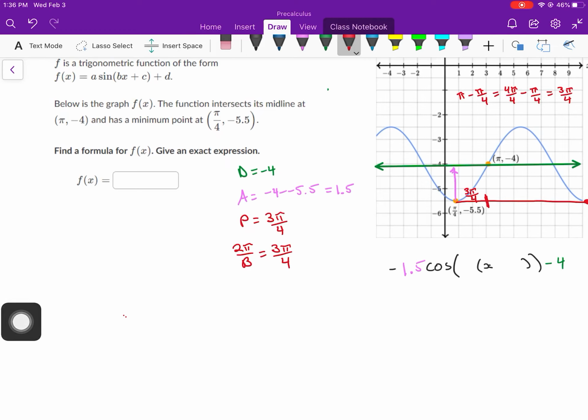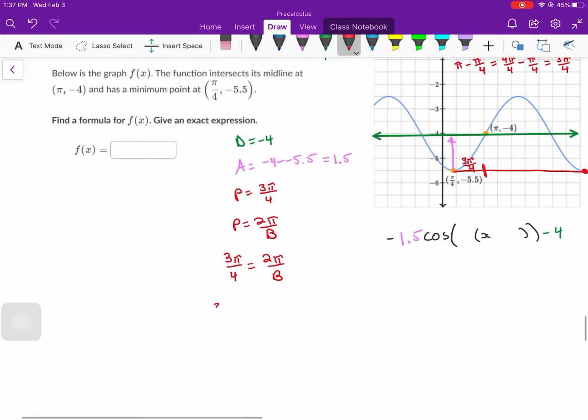Because you got to remember that, you know what, maybe I should do this. Cross multiply. So b equals 8 over 3.